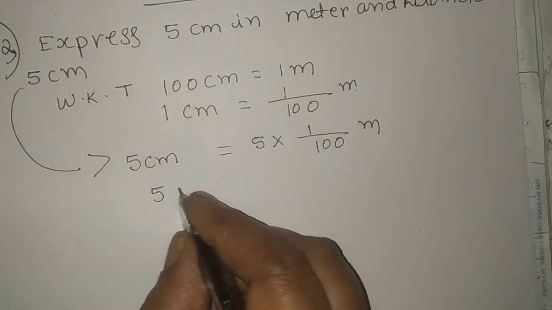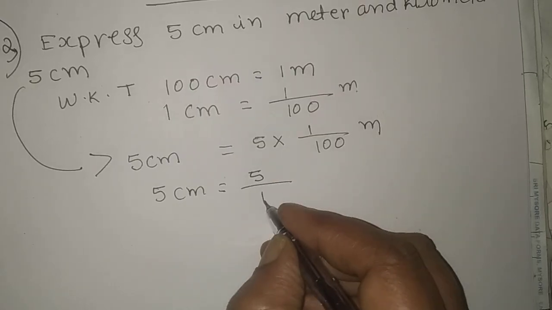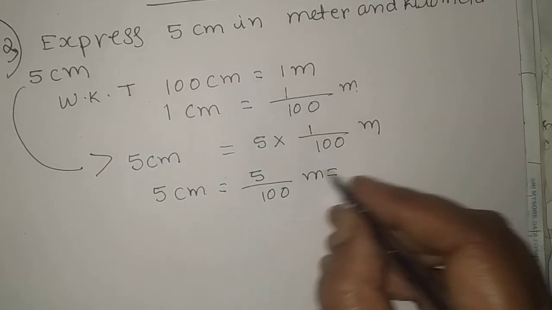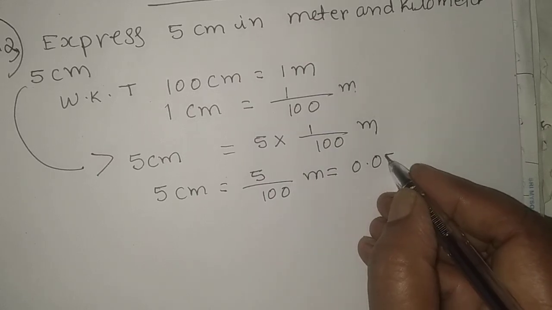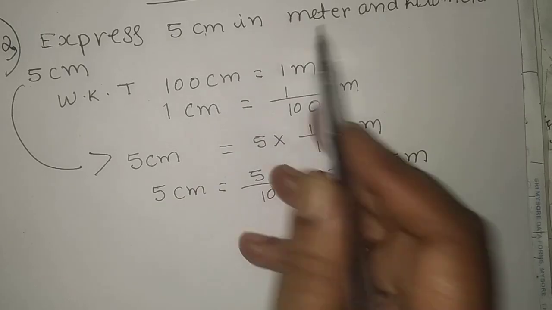Now 5 centimeters is equal to 5 by 100 meter, which is equal to 0.05 meters. So first is 5 centimeters in meters.